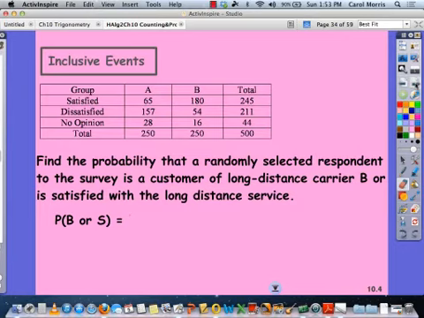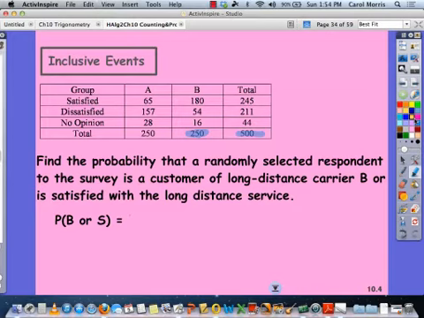So right now, you've got to be thinking anybody who's in B. Anybody who's in B, that would be 250 people out of the 500. So just the probability of being a B carrier versus the second choice, or is satisfied with their long distance.